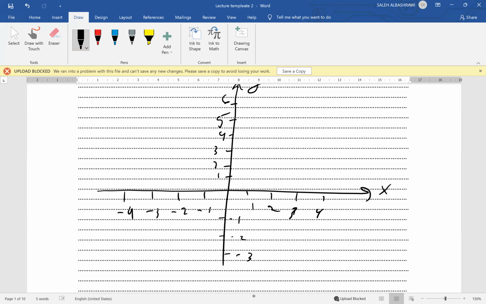First point was minus 2 and 1. This is minus 2 and 1.